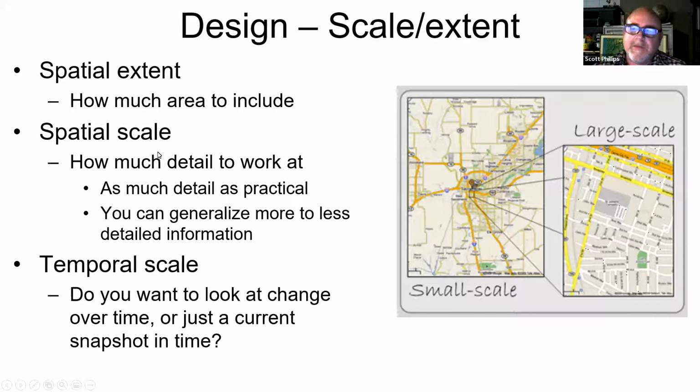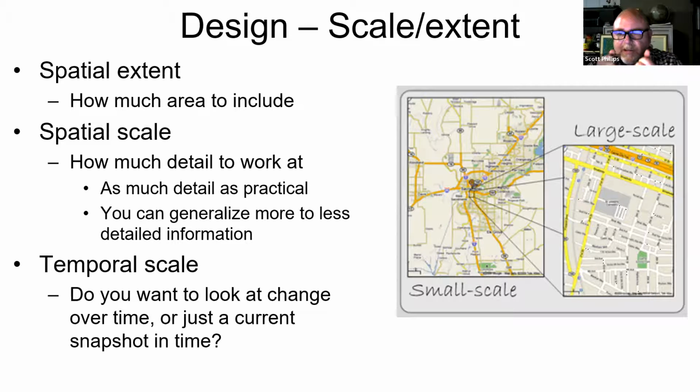Other things to think about: what is the project area? Do I have data that covers that entire area, or do we need data from one part and then look for a separate data set for a separate part because one set doesn't cover it? And we need to look at the scale of the data. Again, this is where you look at how detailed it is.